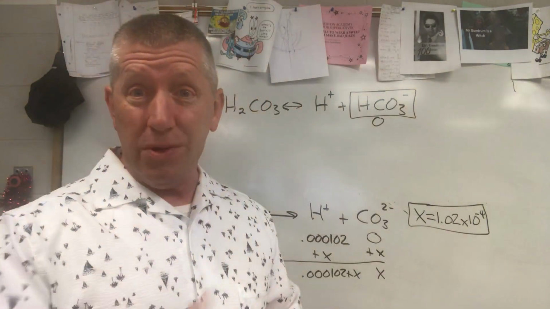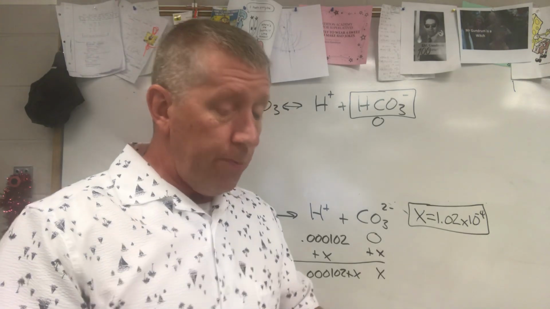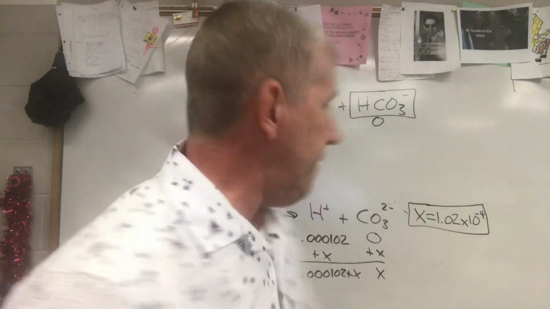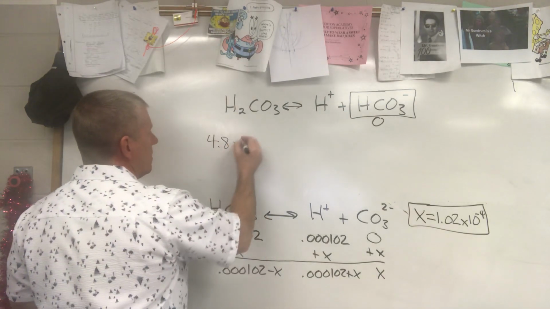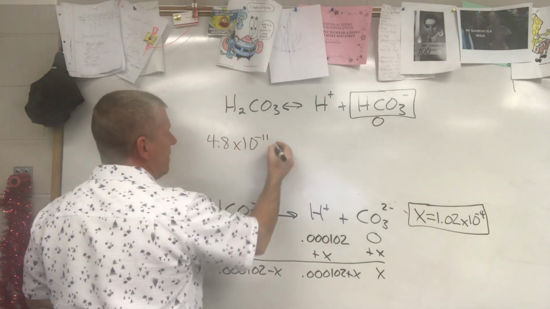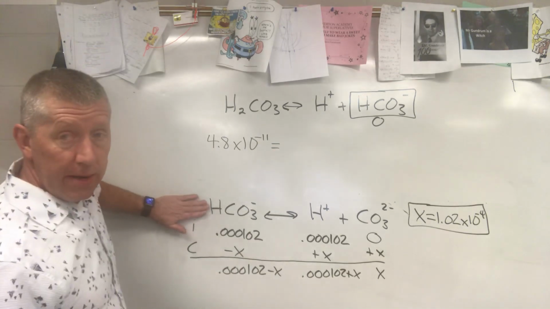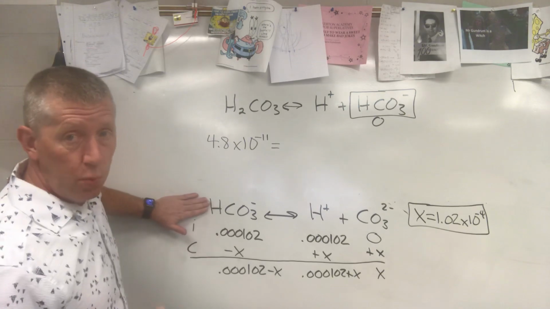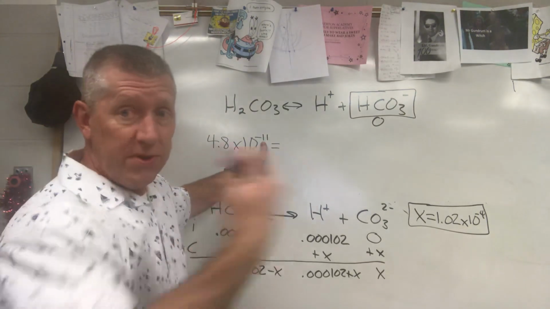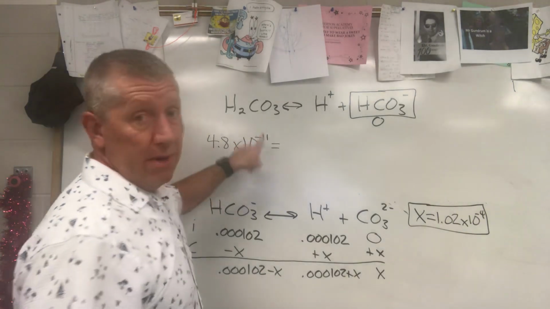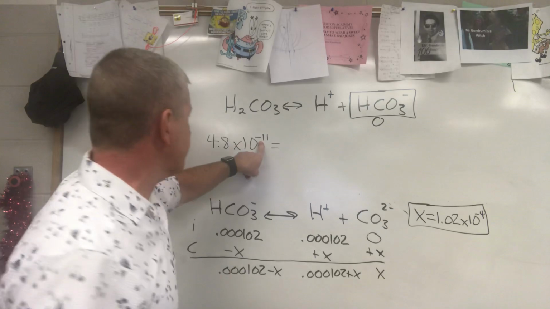No, actually we didn't. That's why I'm looking it up. The K value is 4.8 times 10 to the negative 11th for that bicarbonate, HCO3 negative, a very weak acid. The K values tell you how much it wants to dissociate. That does not want to break down very much. It's a very, very small K value.